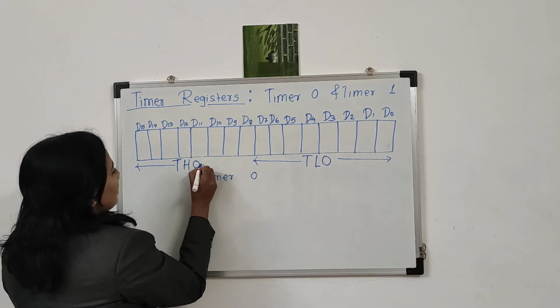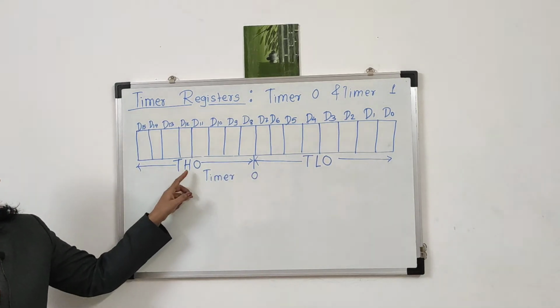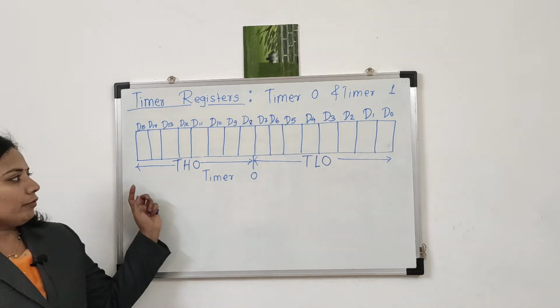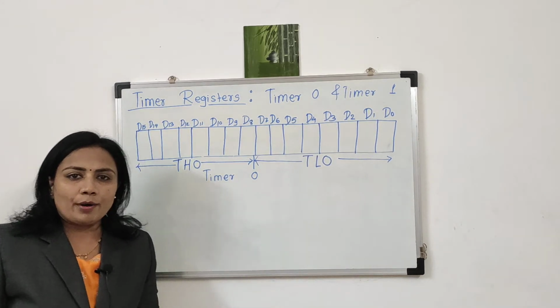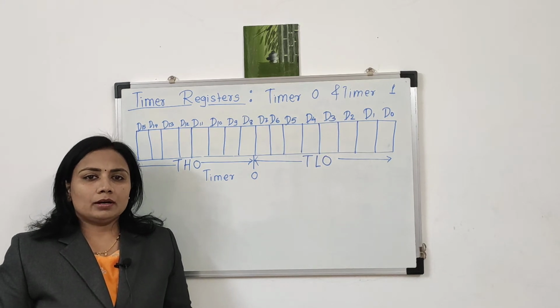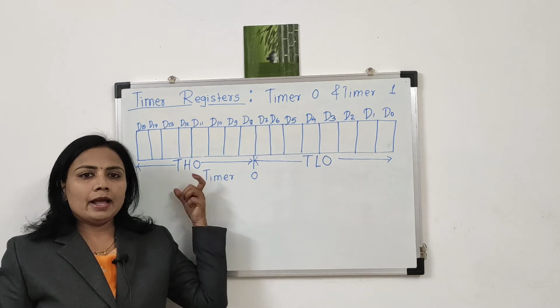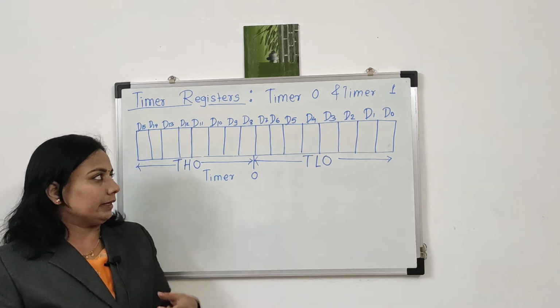These 8 bits are part of your timer 0 high byte. So if you consider the total bit format, it is a 16-bit register, but it is split into 2 bytes, timer low byte and timer high byte.